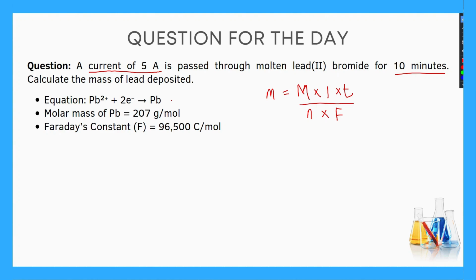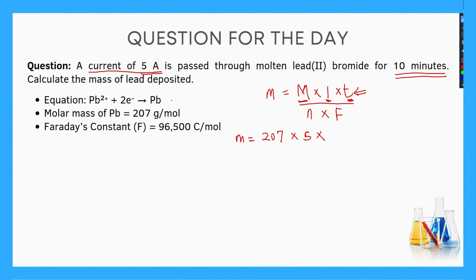So M will now be equal to the molar mass, 207 grams per mole, multiplied by I, which stands for current, and they told us a current of 5 amperes. So we have 5 times T. T was given to us as 10 minutes.